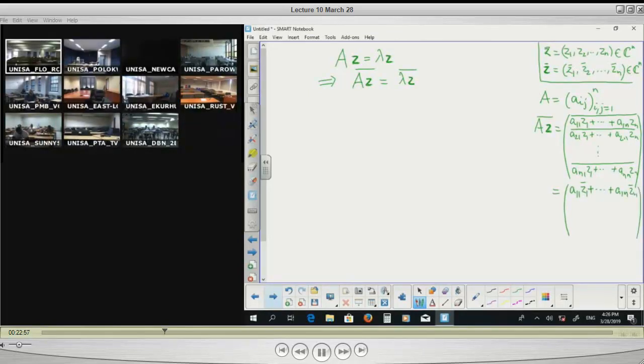A11 bar, but A11 is a real number, so A11 bar is the same as A11, and similarly for the others. So this left side actually comes out to be A times Z bar. And this one again will be lambda bar times Z bar.